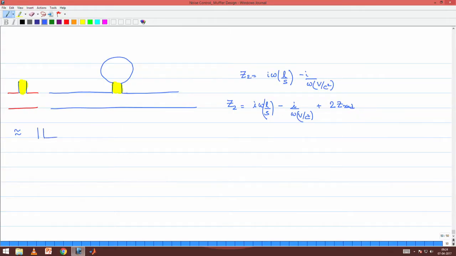So, this situation is similar to that of a flanged pipe which is opening to a large volume, right.